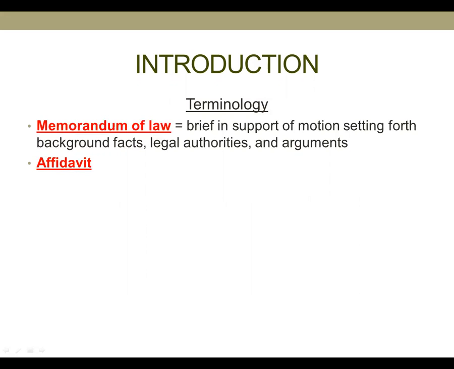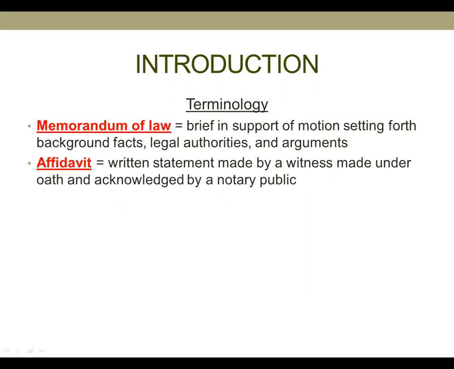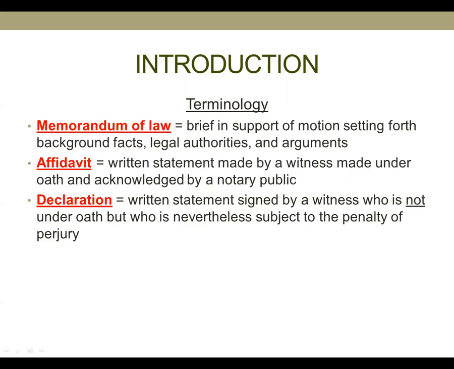Now, motions frequently have evidence attached to them. And one common form of evidence attached to motions is the affidavit. That is a written statement made by a witness, made under oath and acknowledged by a notary public. Now, in federal practice, there is a similar document to an affidavit called a declaration. That too is a written statement signed by a witness.